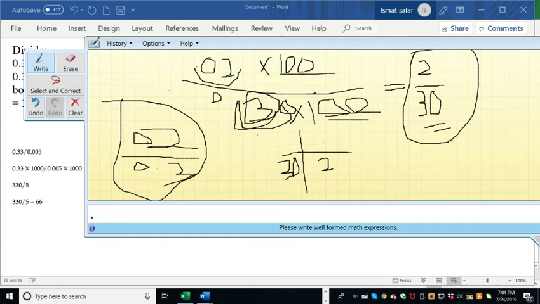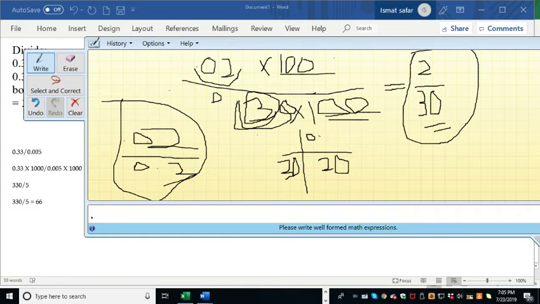There is no 30 in 2, since 30 is too big a number. So we add 0 over here, and since we add 0, we have to put a decimal point here.